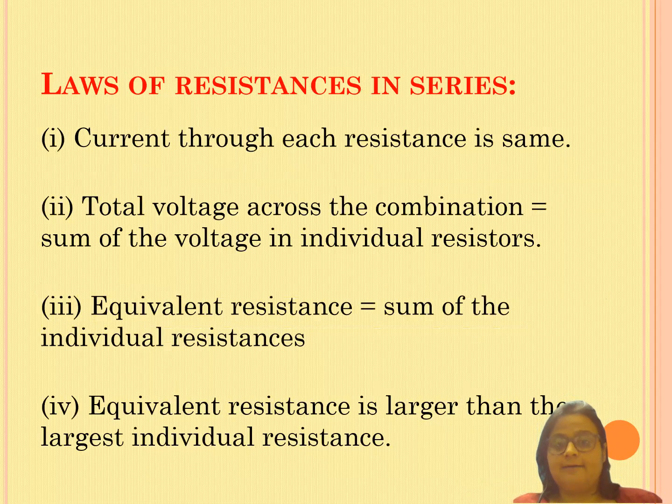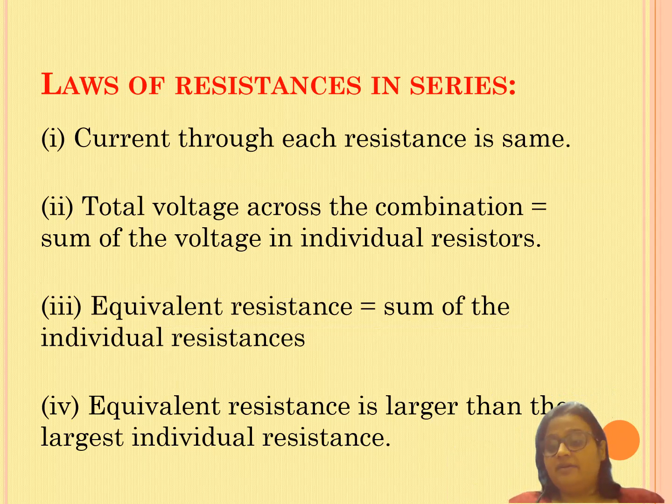So what are the laws, what statement do you get? In series, current is the same. The total voltage will be the sum of the voltages that we distributed. Equivalent resistance is the simple sum, 1 plus 2 plus 3 kind of.